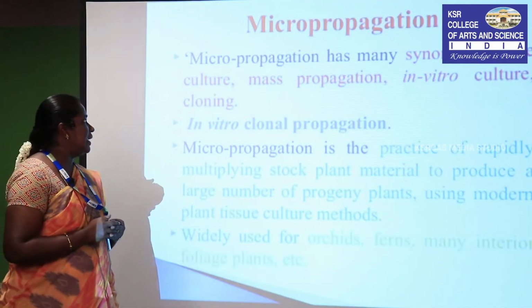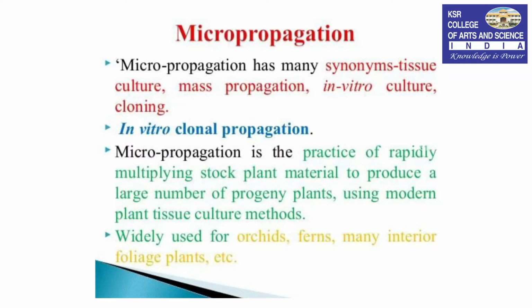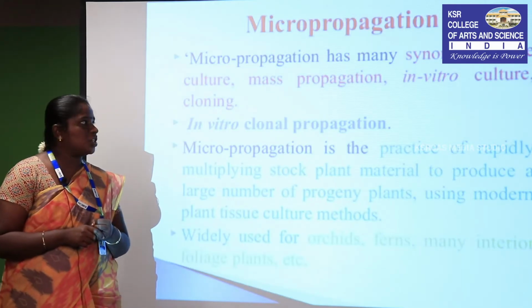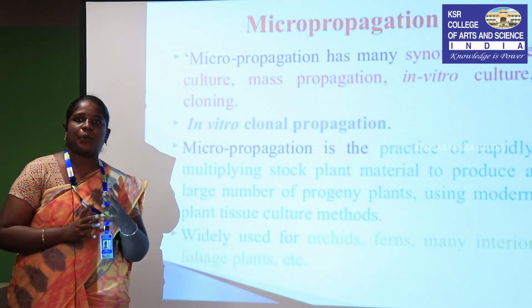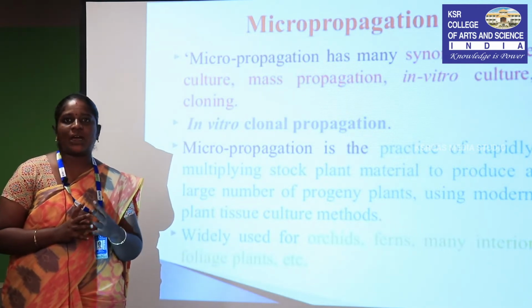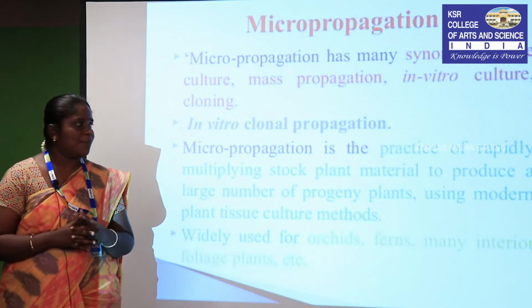Micropropagation involves many in vitro cultures that we handle nowadays, like tissue culture, mass propagation, in vitro culture, and cloning methods. These are the main propagation methods involved in PTC.